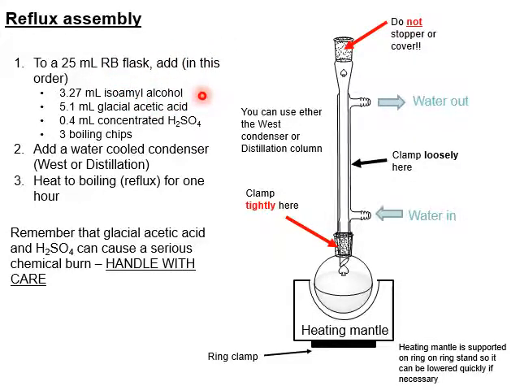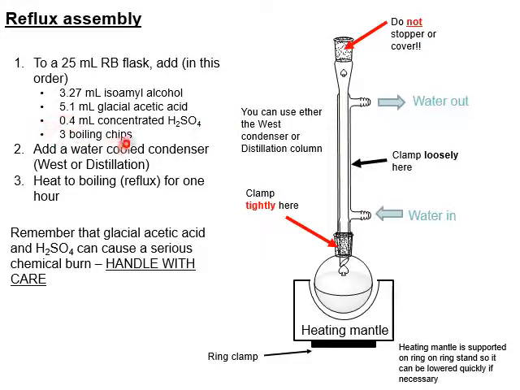If you were working with a solvent, which in this case the acetic acid is the solvent per se, you would usually add the solvent first. But these can be interchangeable. But then you add the sulfuric acid, and that's usually going to start things off.